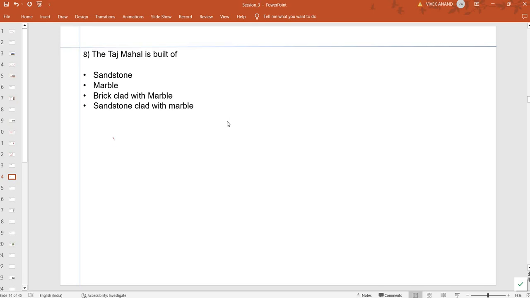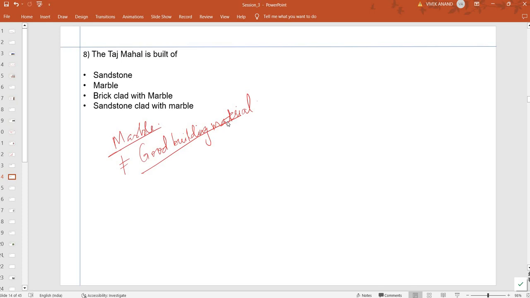So actually, marble is not a good building material like sandstone or brick. The pasting cannot be done properly because it is very lustrous and slippery also.